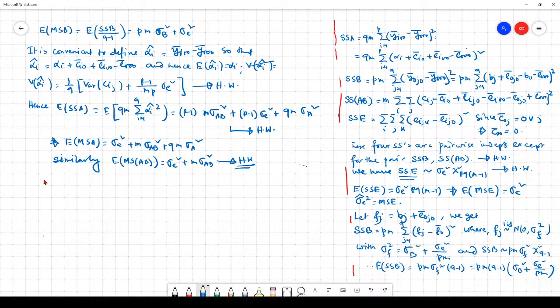Now the test criteria and testing procedures.